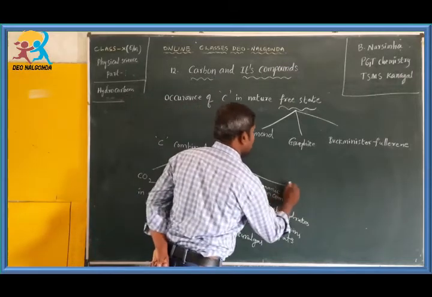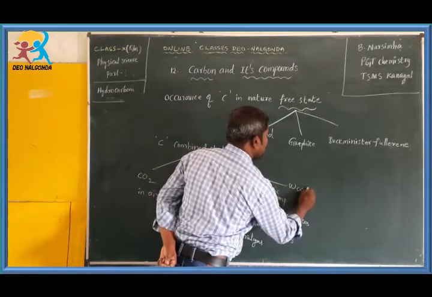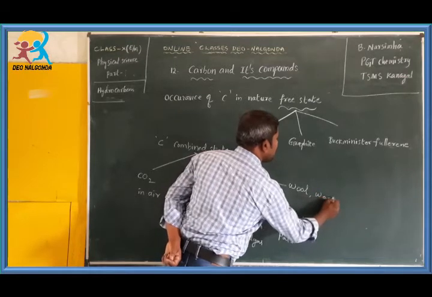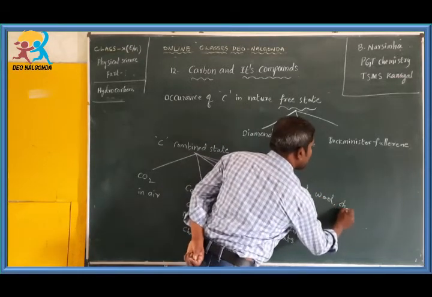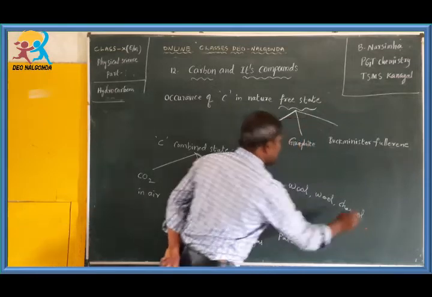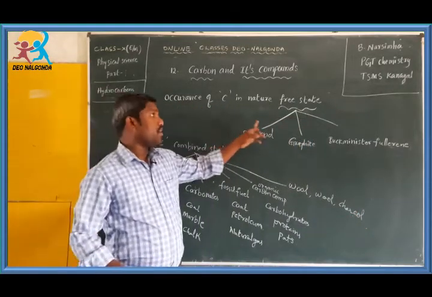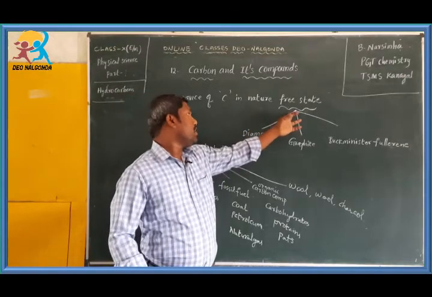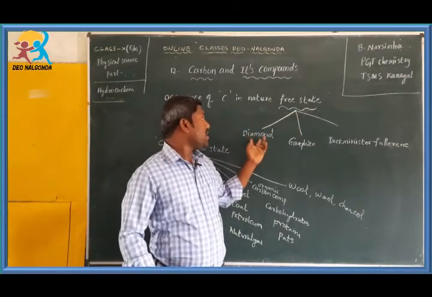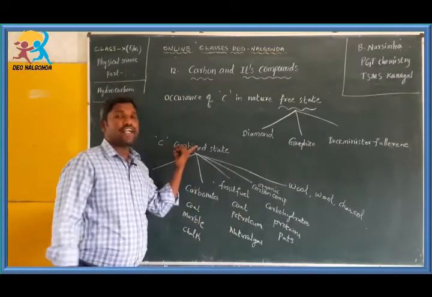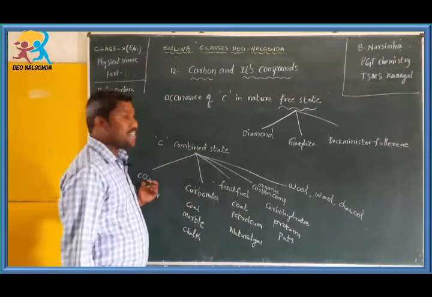Fifth classification: wood, wool, charcoal. To recap, in the free state, carbon has 3 forms: diamond, graphite, Buckminster fullerene. In the combined state, carbon dioxide in air.